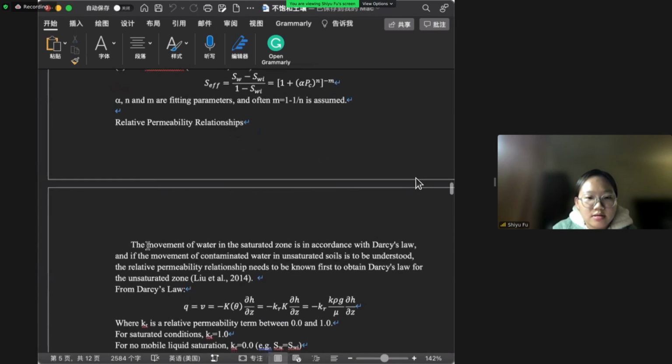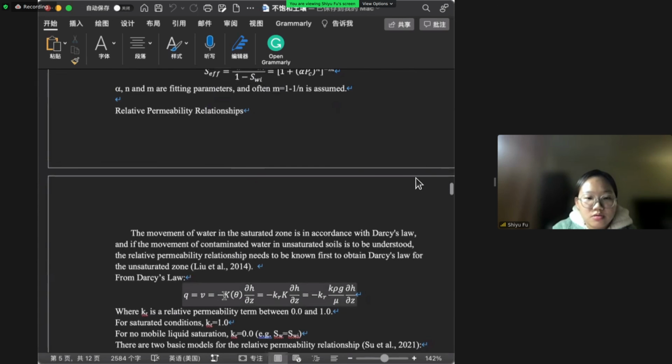And then we have Darcy's law. Here you can see K theta, the hydraulic conductivity, which is equal to Kr times K. Kr is the relative permeability, between 0 and 1, and K is the constant we use for Darcy's law in a saturated zone.